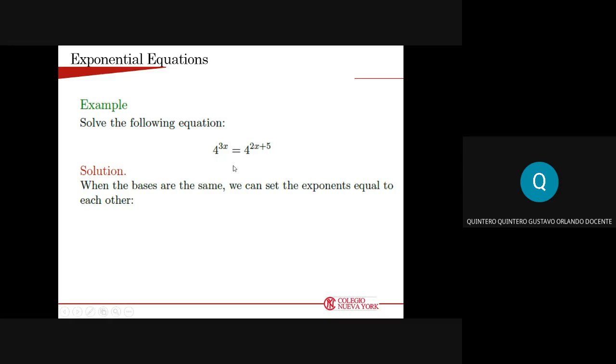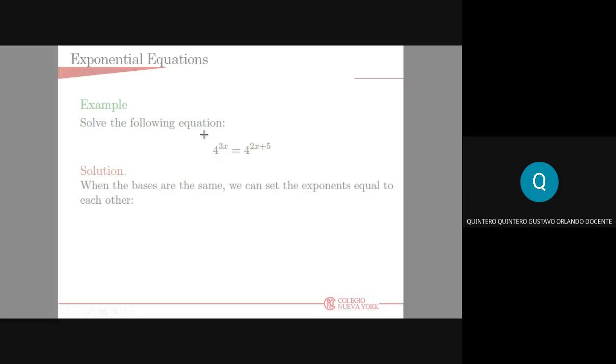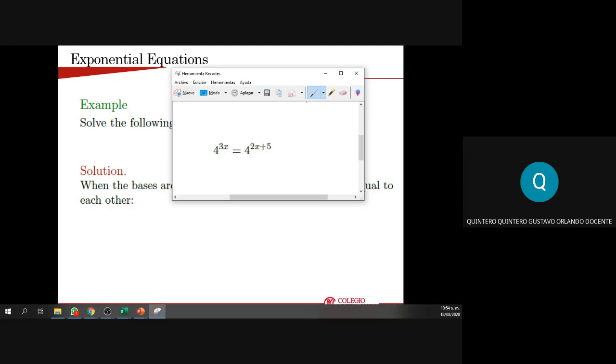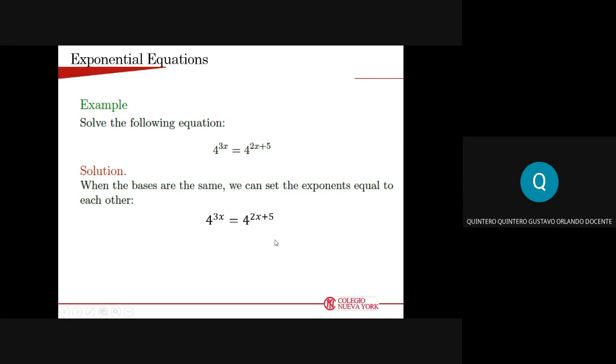So when that happens, we can simply cancel the bases. You heard it right. We can just simply cancel the 4 and cancel the 4, like that. And what we are left with is the exponents. So 3x, the exponent of the first power, equals 2x plus 5, the exponent of the second power.